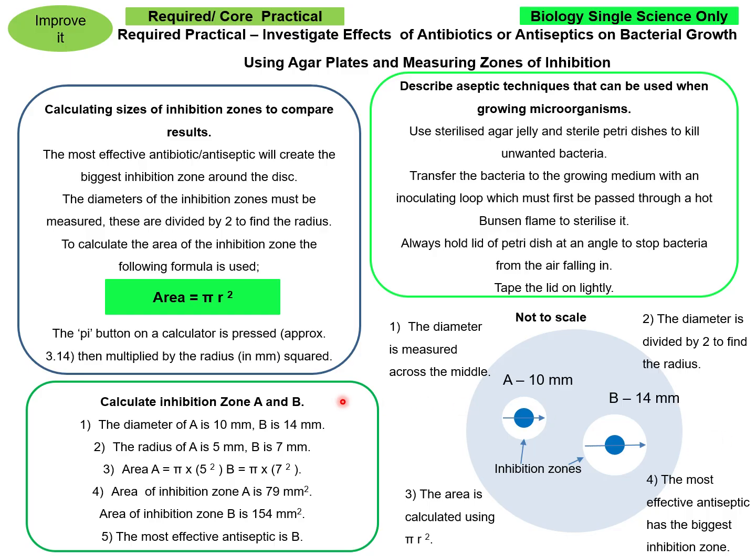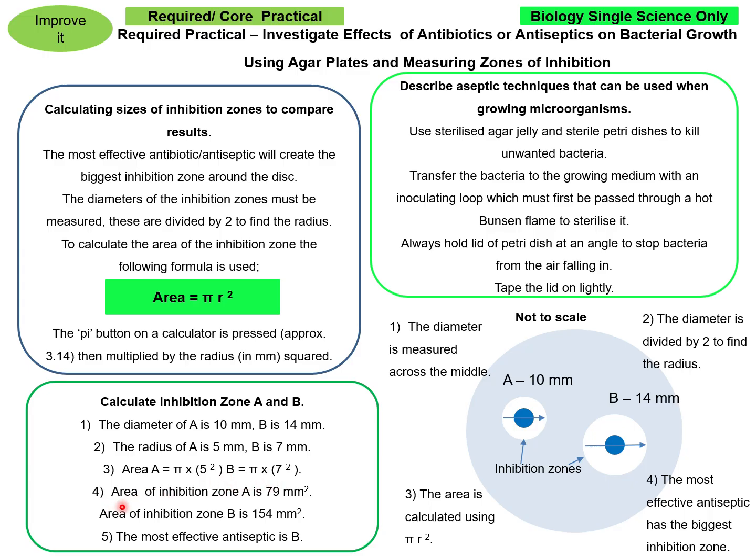So calculate inhibition zone A and B. 1, the diameter of A is 10 mm and B is 14 mm. 2, the radius of A is 5 mm and B is 7 mm. So the two numbers in number 1 were just divided by 2, of course. 3, area A is pi times 5 squared, and B is pi times 7 squared.